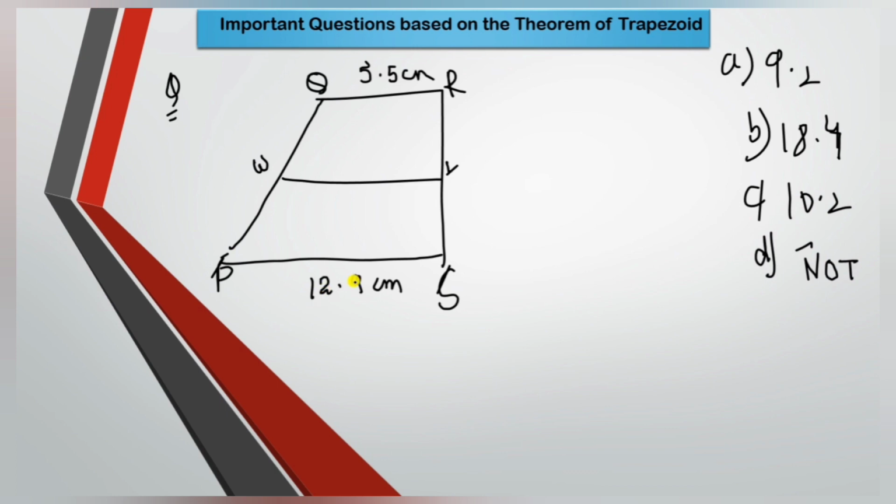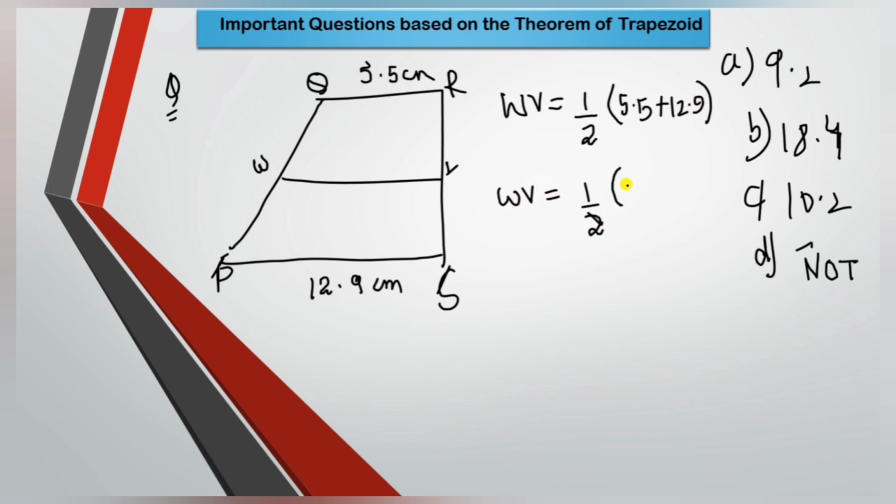With the same drill, if we need to find WV, we are going to find half of the sum of the bases. So the sum of the bases will be 5.5 plus 12.9. If you add this, WV will be equal to half of it. 9 plus 5 gives you 14, 4 carry over 1.